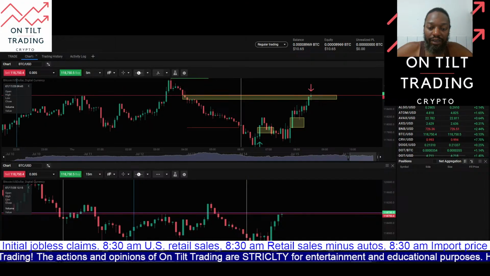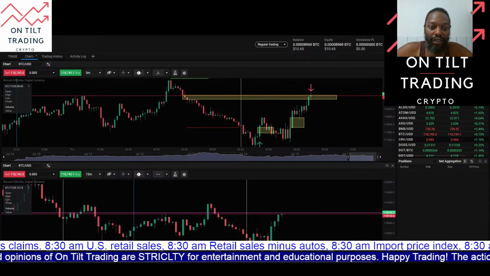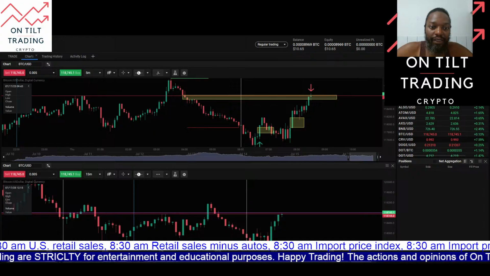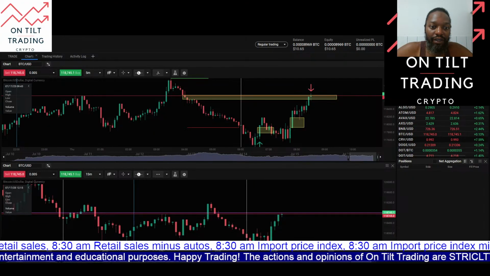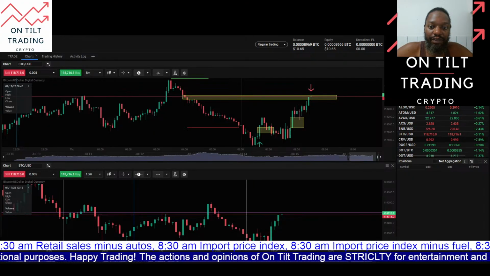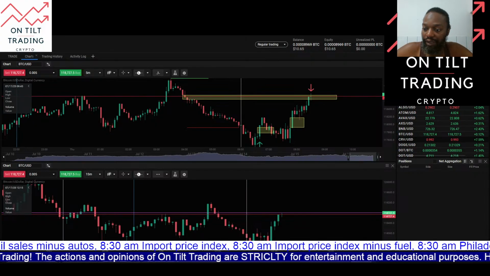And then we can see here along the way that buy side liquidity taken out here, and any buy side liquidity from this flat top area here has been taken out.